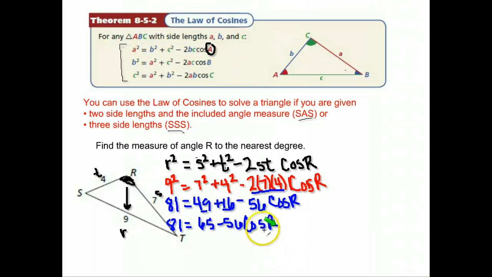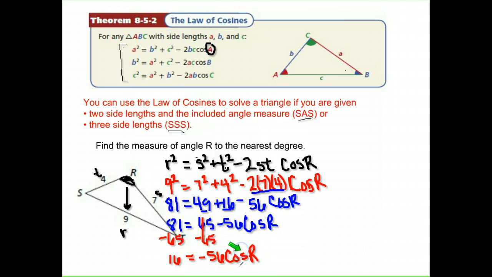Our goal here, what we're working towards, is getting R by itself. So I'm going to start over here at a positive 65 and subtract 65 from both sides of the equation. So 81 minus 65 gives me 16. That's equal to negative 56 times the cosine of R.